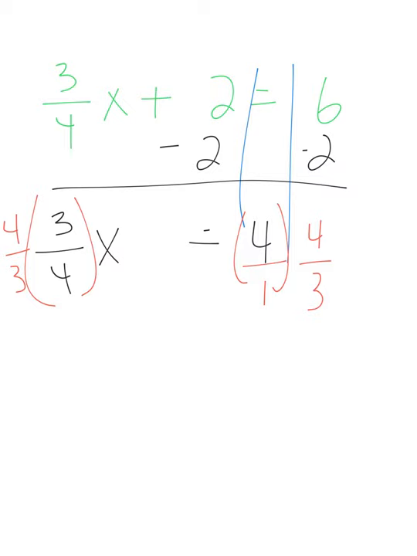I put a 1 under the 4 just so I know that I am going to be multiplying 3 by 1. Now 4/3 times 3/4, 4 times 3 is 12, 3 times 4 is 12. That gives you your 1x. And then 4 times 4 is 16, and 1 times 3 is 3. And your answer is 16/3, or 5 1/3.